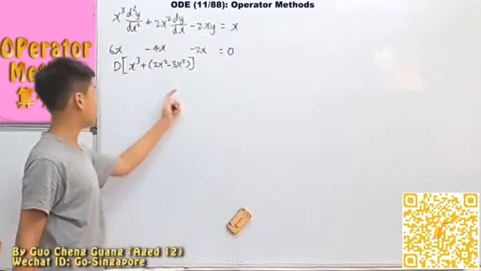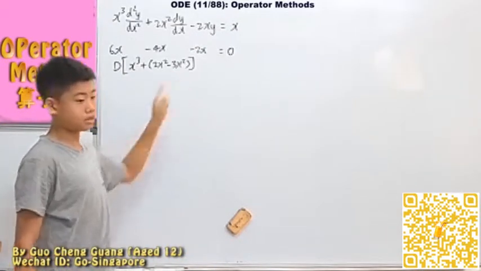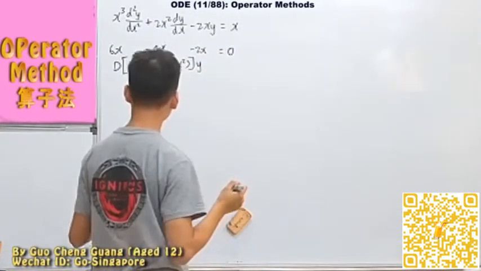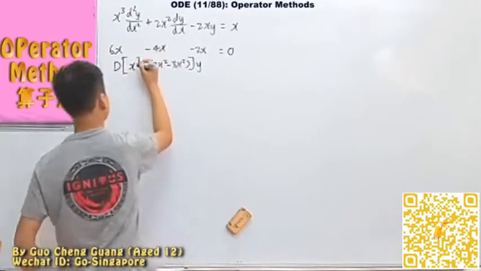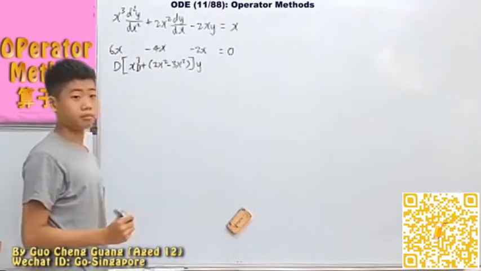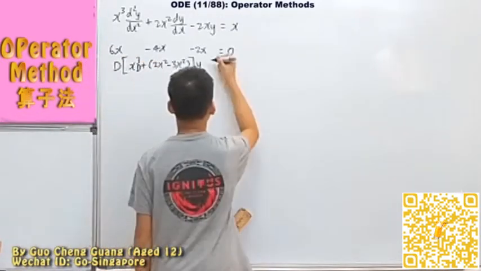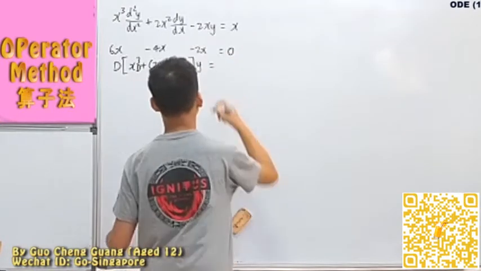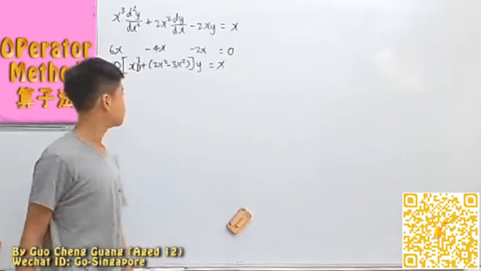So that means you have to subtract 3x squared. Then after that is your y. Oh wait, there's still a d here, okay? And then this part that you're going to have is equal to x.